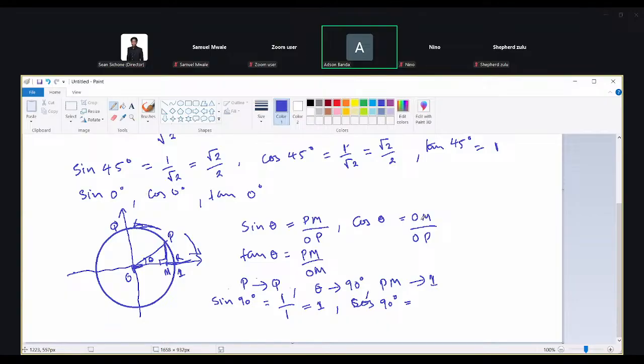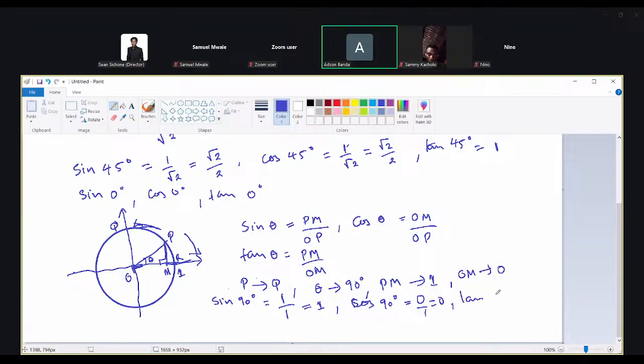OM becomes 0 because, of course, M is moving to O. So in that case, you have 0 divided by 1, and you get the cosine of 90 degrees to be equal to 0.